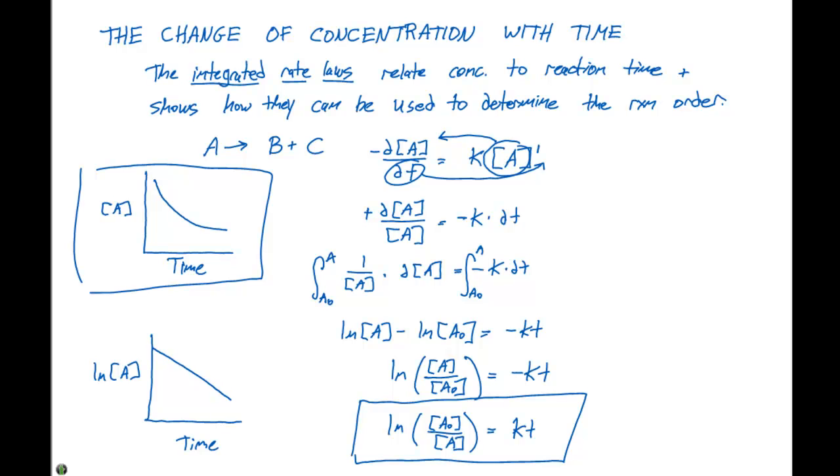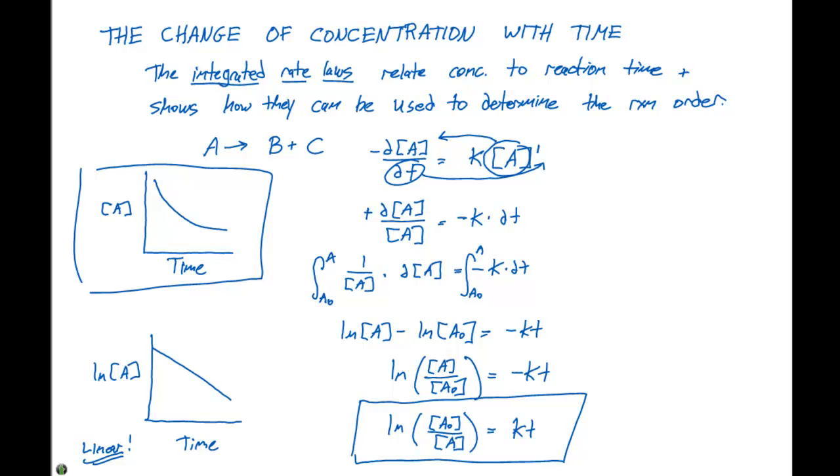And this is linear, which is good because this means we can help predict things a little bit better. We're trying to relate concentration and reaction time in the best way that we can.